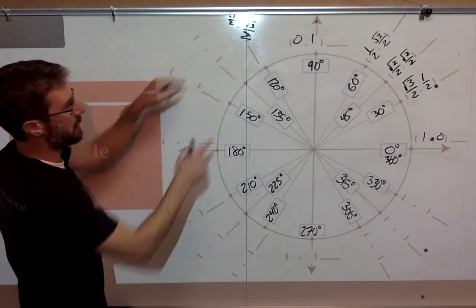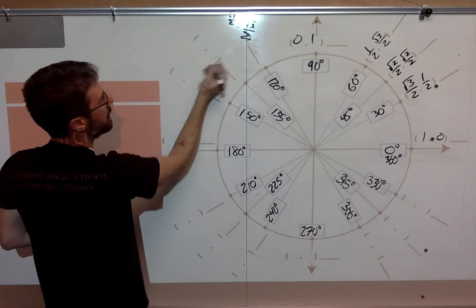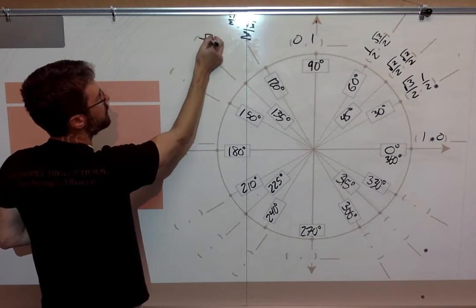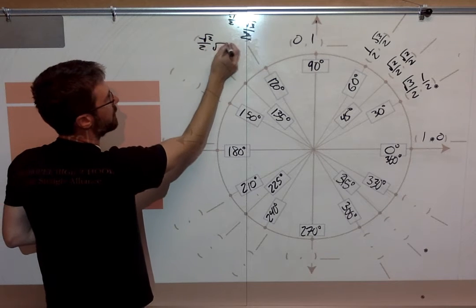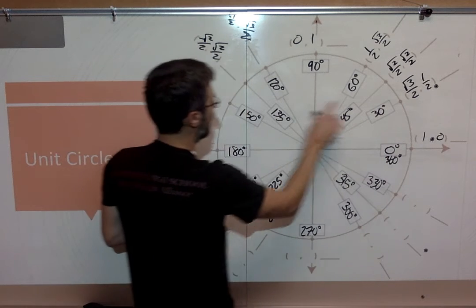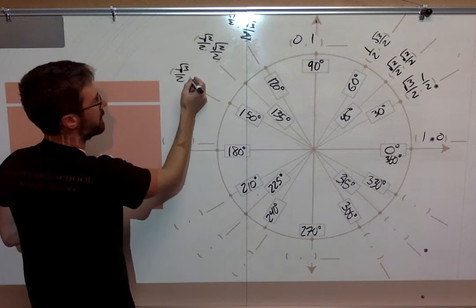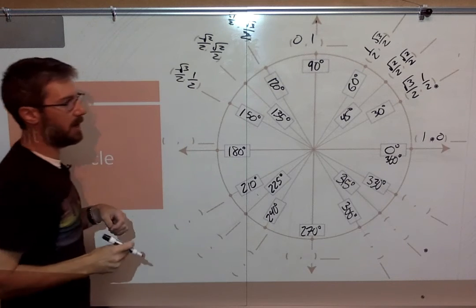Then this one, same thing. This one moves straight across, and it's negative root 2 over 2 for the x-coordinate and positive root 2 over 2 for the y-coordinate. This one moves straight across. It's negative root 3 over 2 for the x-coordinate and positive 1/2 for the y-coordinate.